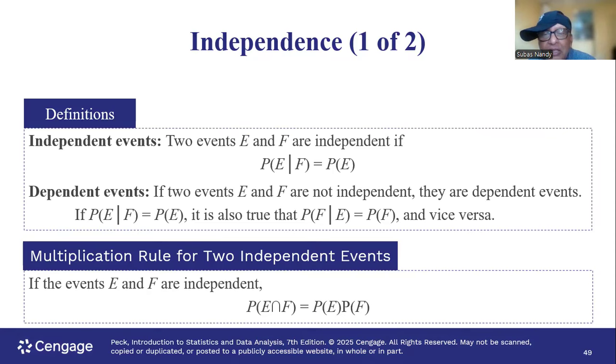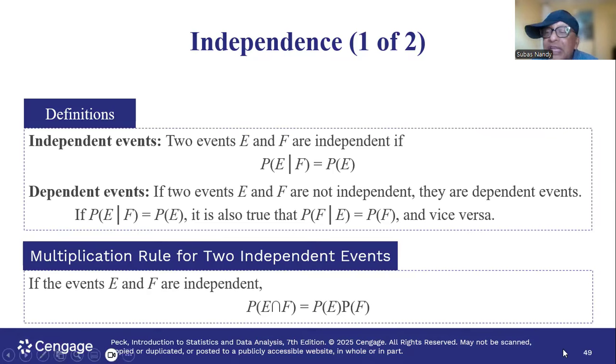If events E and F are not independent, they are dependent events. So if probability of E given F is equal to probability of E, then E and F are independent events, because whether F happens or not will not influence the probability value of E. Vice versa, probability of F given E in that case is also equal to just the probability of F.